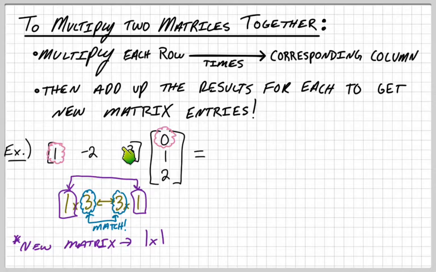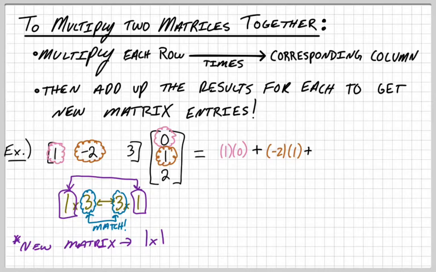1 would get multiplied to the 0. So 1 times 0, I can even handle that math. Plus, the next terms would be negative 2 multiplied by the 1. Right? So the second term in this row multiplied by the second term in this column.